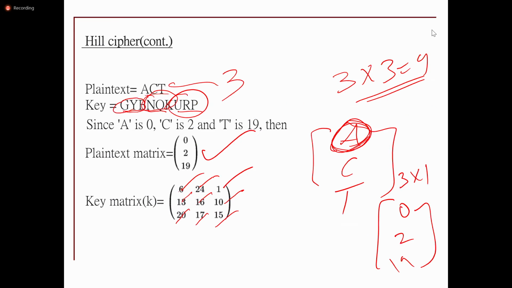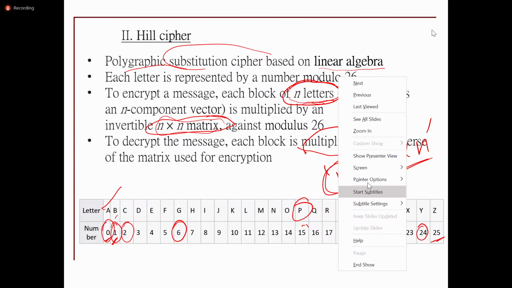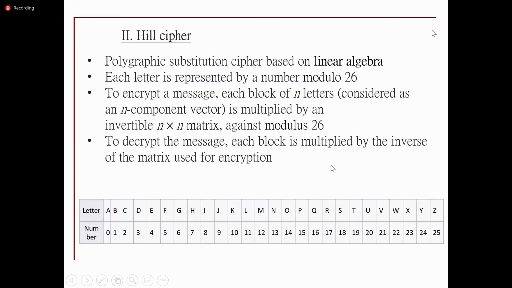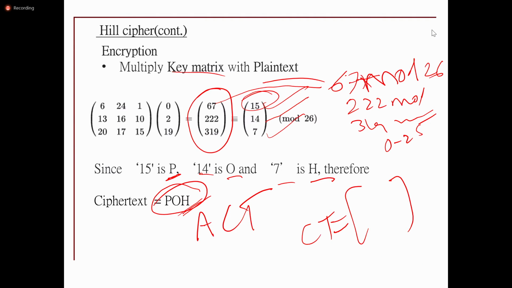Simply, we have to take a plain text of n letters. Then we need to take a key matrix of size n by n. Then multiply the key matrix with the plain text matrix. Then do mod with 26. Then whatever result we get will be the ciphertext.